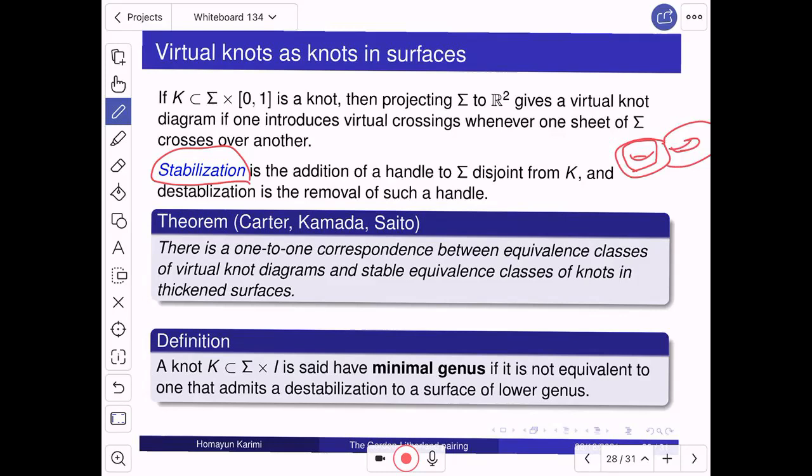So you increase the genus of the surface. This is called a stabilization. If you look at the set of knots under this move, then that's in one-to-one correspondence with virtual knot diagrams. And now that you have several different surfaces that you can put your knots inside, you can take the minimum among all those surfaces and define the minimal genus of a knot to be that minimum genus that you can realize your knot inside.